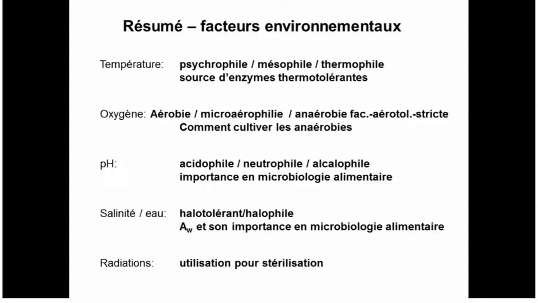You must be able to cite one bacterium at least for each category and have an understanding of the molecular mechanisms that are involved in controlling or resisting these extreme environmental conditions.